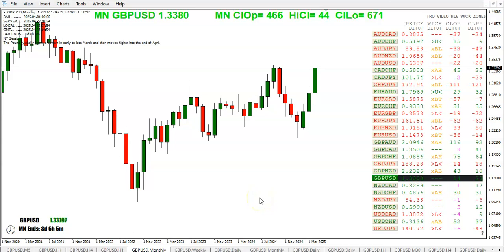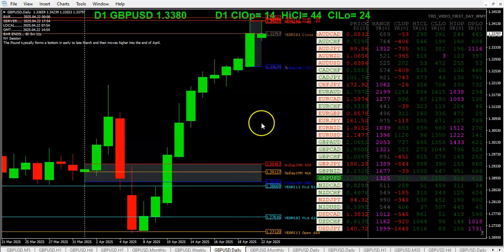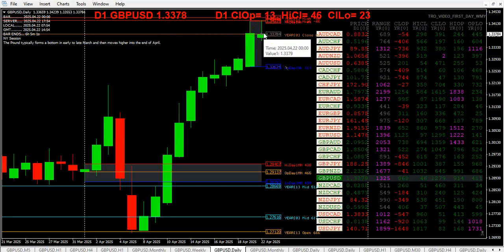Zoom out to the monthly. You can see we put in a yearly high. We're 466 pips above that monthly open, 44 off the high and 672 off the low. You can see it looks like we barely broke out of the opening range for the week here by about a pip.